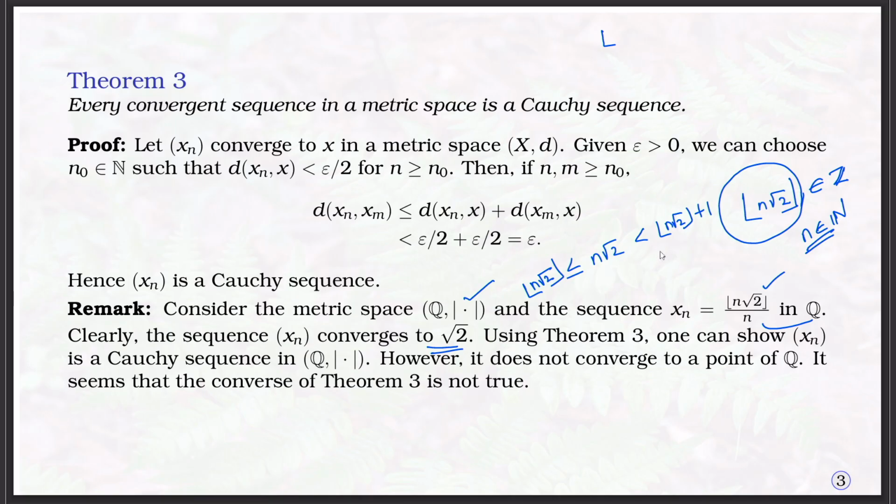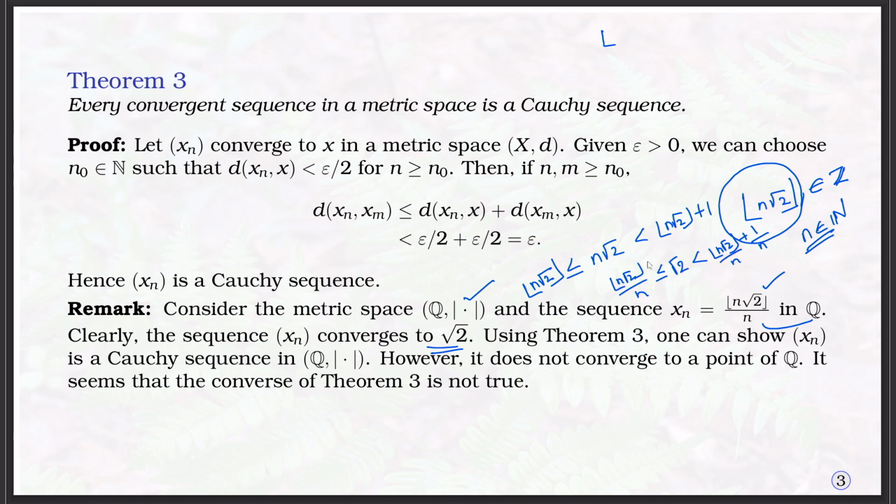Now, if we divide all sides by n, one can get floor of n root 2 over n less than or equal to root 2, less than floor of n root 2 plus 1 over n.